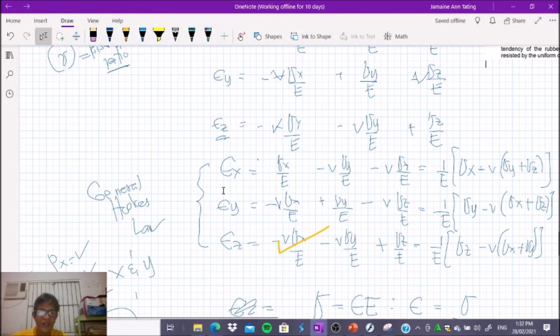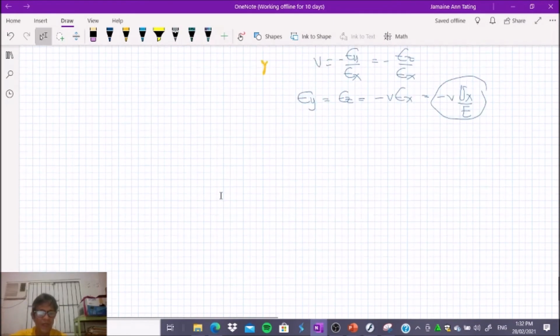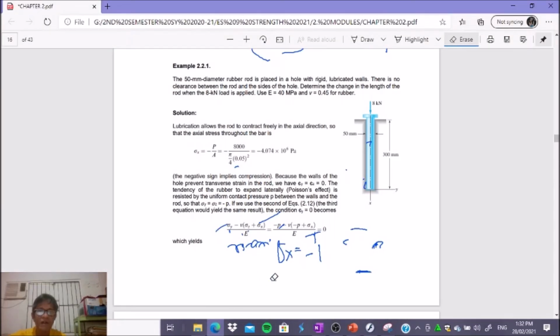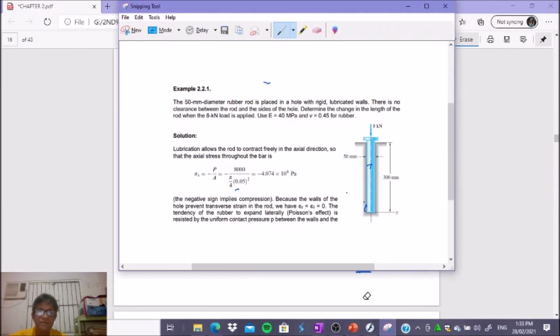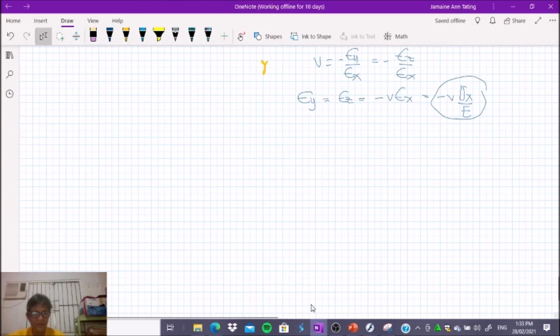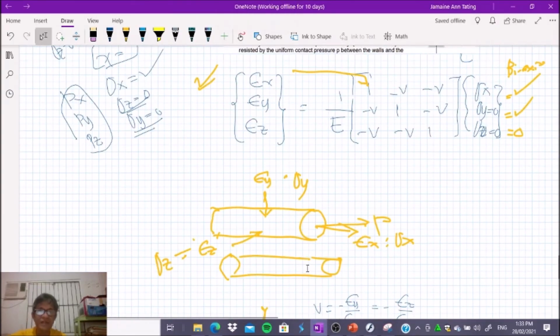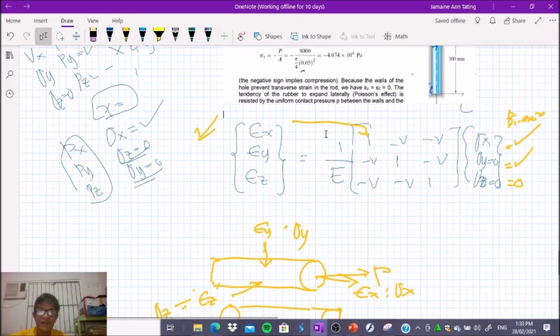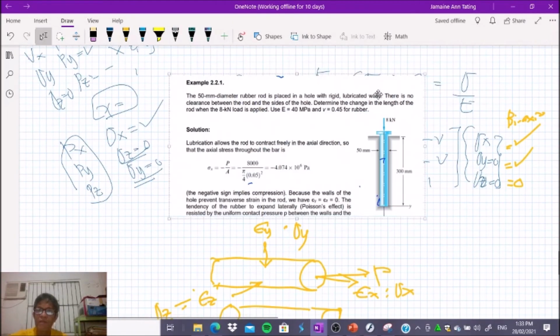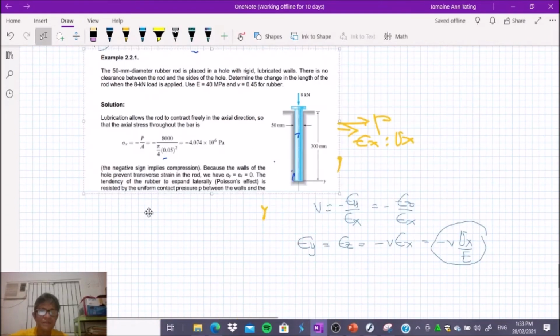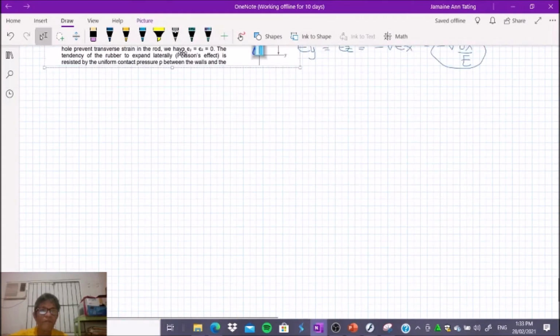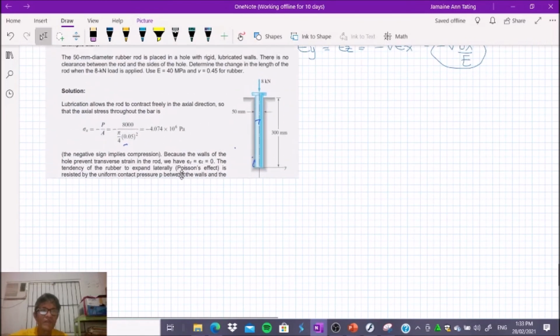Sorry, OneNote. Control paste. Okay, here it is.